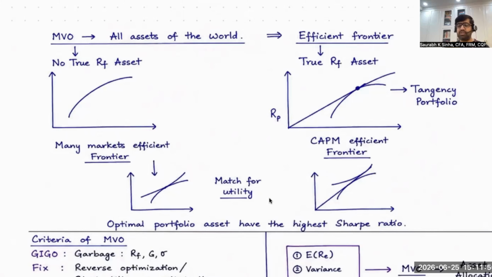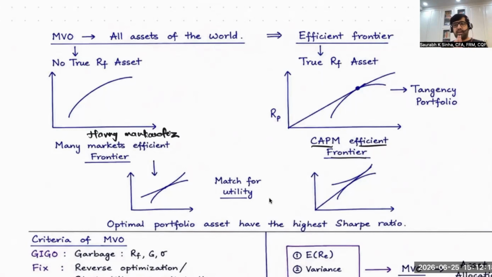You don't need to, because the efficient frontier itself is the most optimized portfolio, which was given by Harry Markowitz. Harry Markowitz's efficient frontier and the CAPM efficient frontier, which is given by Sharpe and Lintner.